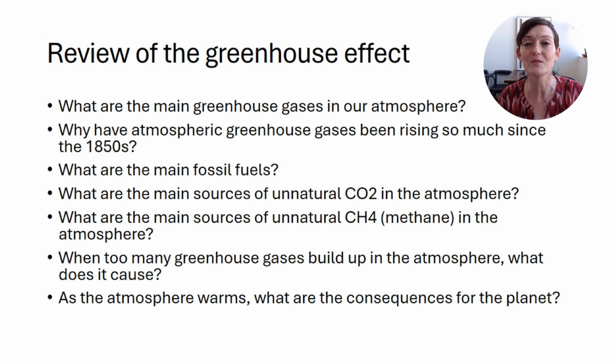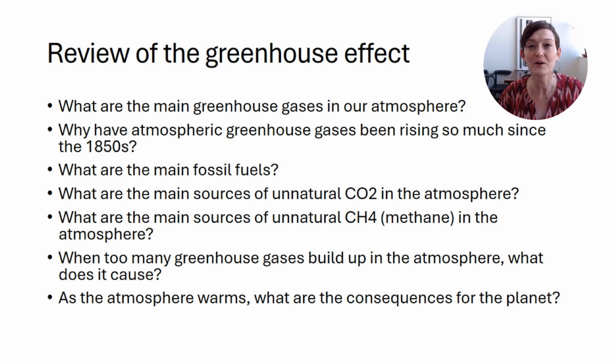There's a whole host of problems that come along with climate change as a result of global warming, which is caused by the greenhouse effect, which is worsened by the increase of greenhouse gases, which are caused by burning fossil fuels. So we go from fossil fuels to greenhouse gas emissions to the greenhouse effect, which causes global warming, which causes climate change, right? That is the order of causality in those terms. And so make sure you can differentiate those, make sure you know how they're related to each other, what causes what.